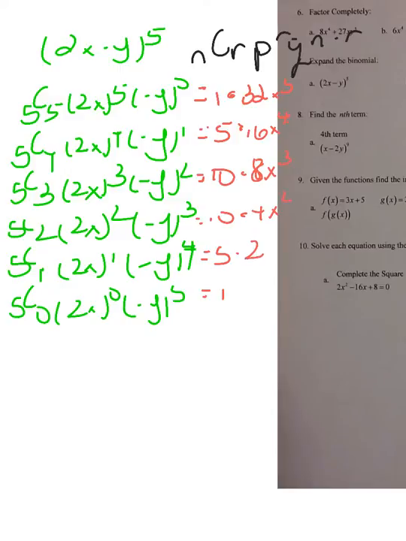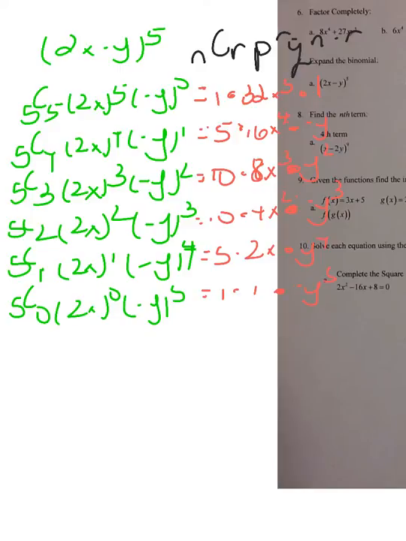Times 2x to the first times 2x to the 0 is 1. And then we have negative y to the 0 is 1. Negative y to the first is negative y. Remember, that's multiplying there. Negative y squared is y squared. Negative y to the third is negative y to the third. Negative y to the fourth is y to the fourth. And negative y to the fifth is negative y to the fifth.